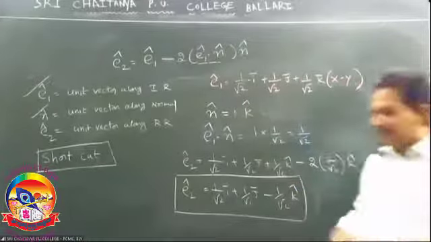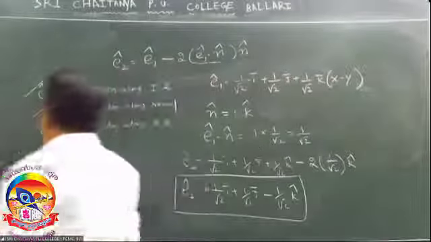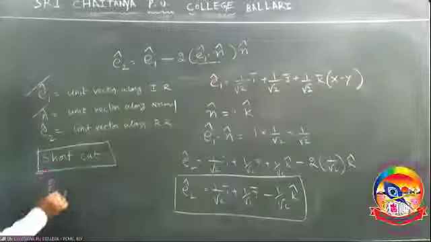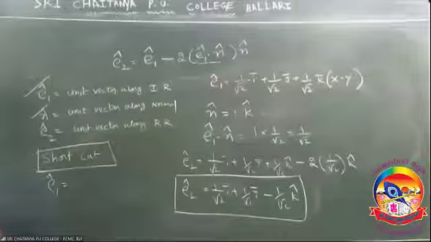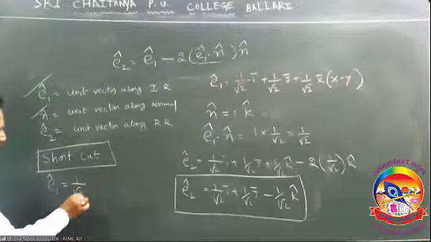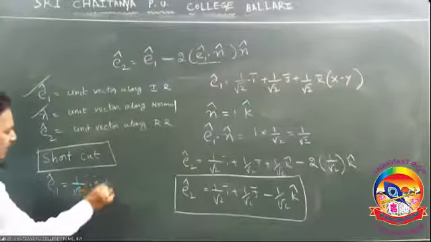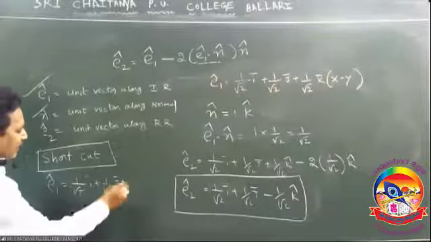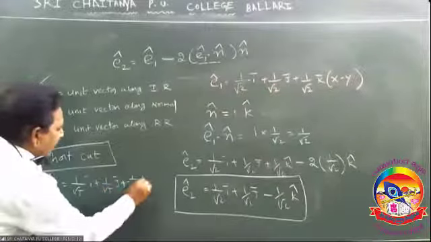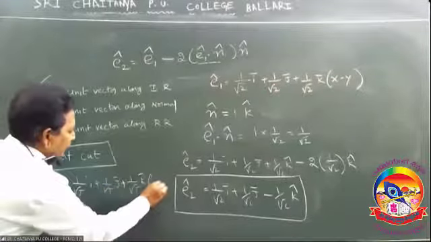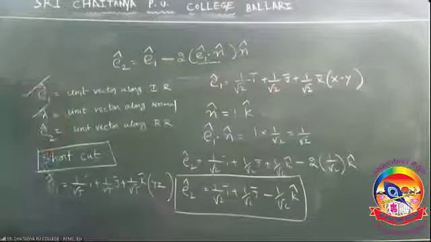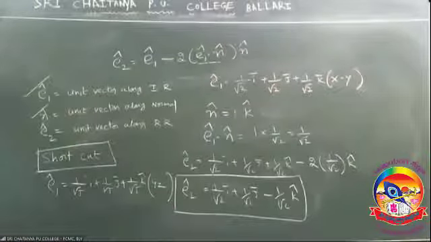Suppose a problem is given like this: E1 cap is equal to 1 by root 5 I bar plus 1 by root 5 J bar plus 1 by root 5 K bar in the YZ plane. Now the answer is everything.